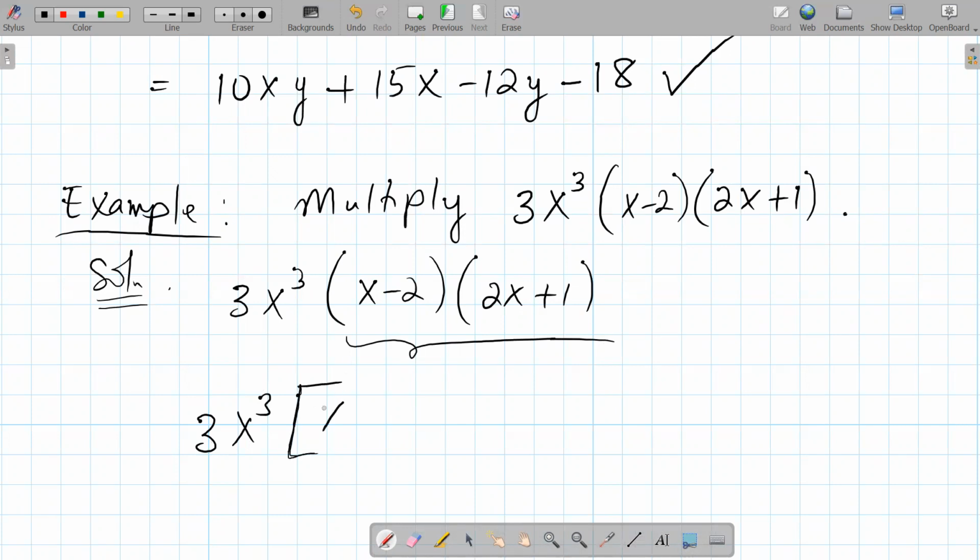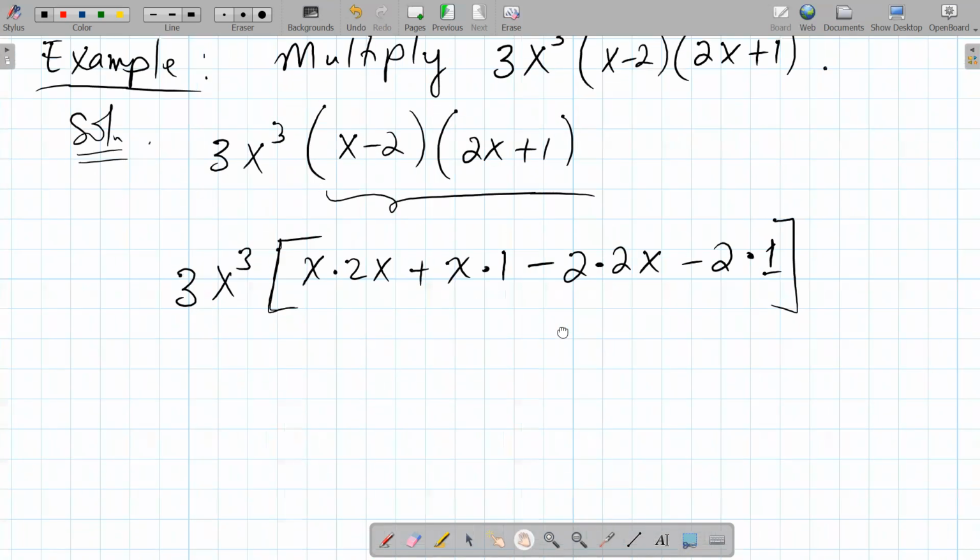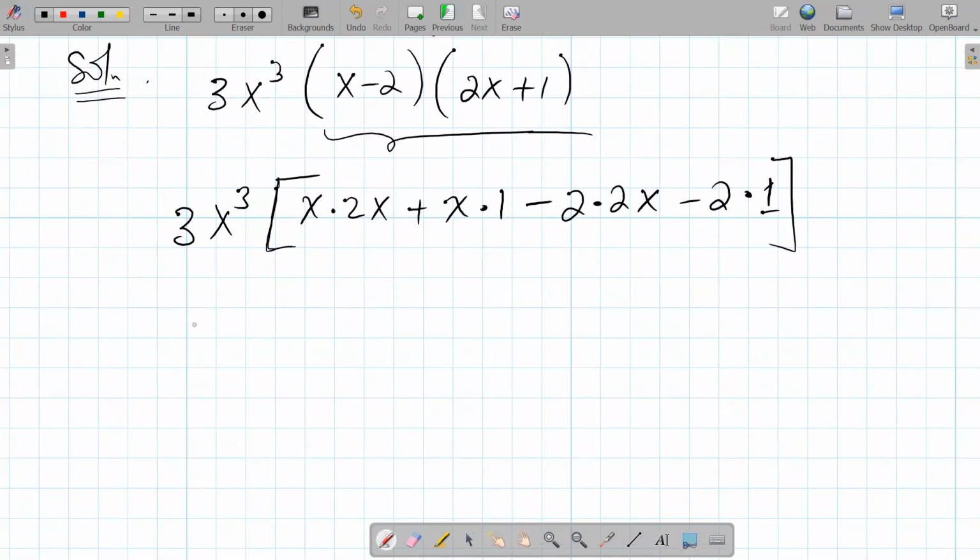And it's going to be x times 2x plus x times 1. Then negative 2 multiplies 2x. And then negative 2 multiplies 1. And from here, we are keeping our outside item. It's going to be 3x cubed.